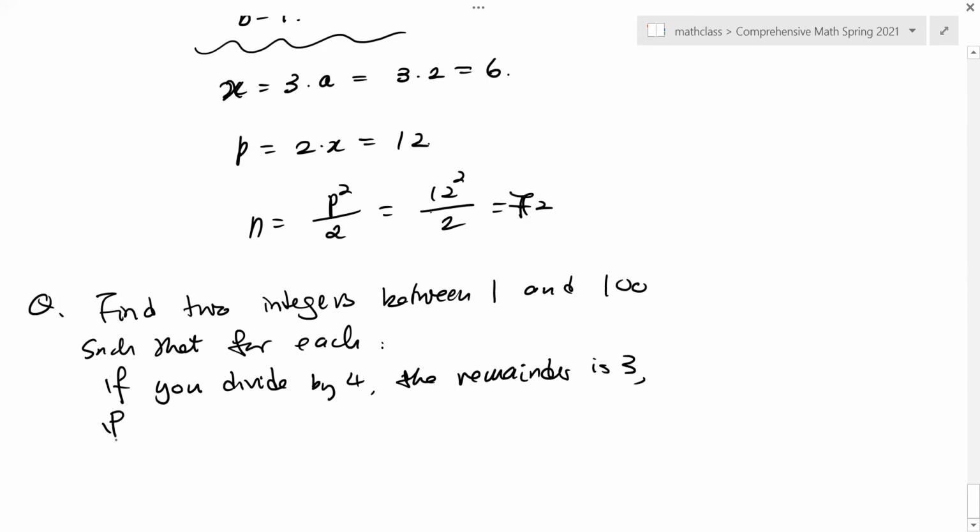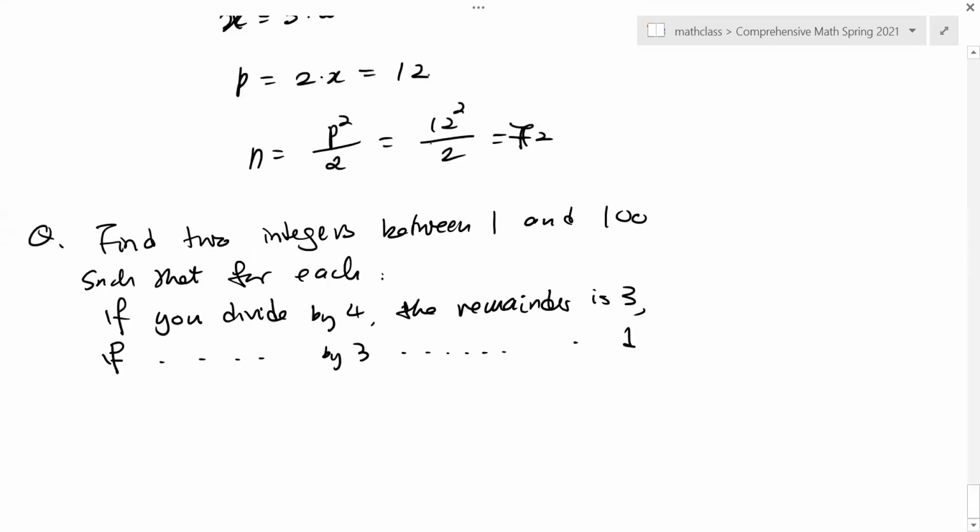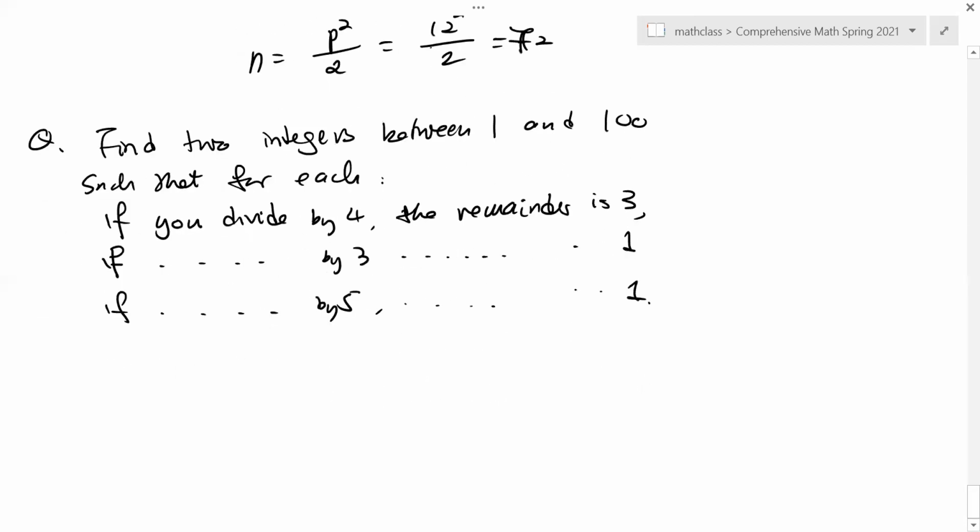Second, if you divide by 3, the remainder is 1. And if you divide by 5, the remainder is also 1. So there should be some integers. Looks like only two integers satisfy this.